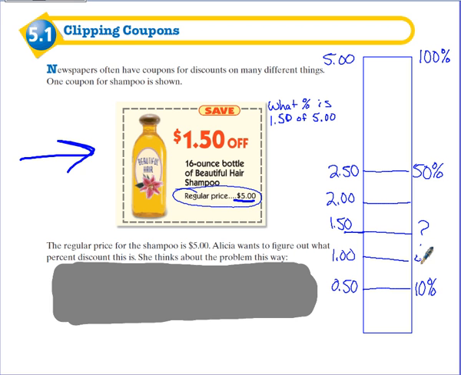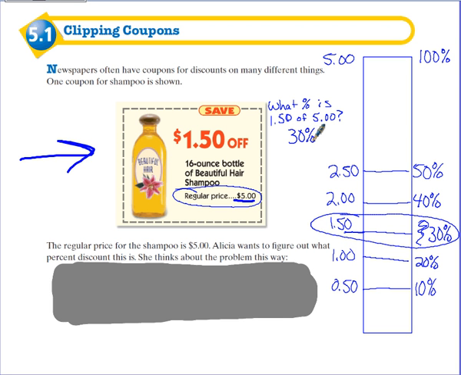Oh, that looks like it. So 20%. Our question mark now, we know 30%. And then 40%. Yeah, it works out, doesn't it? So our percent, what percent is $1.50 of $5? 30%.